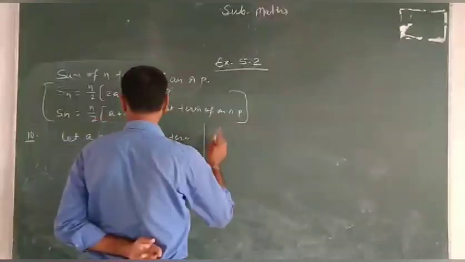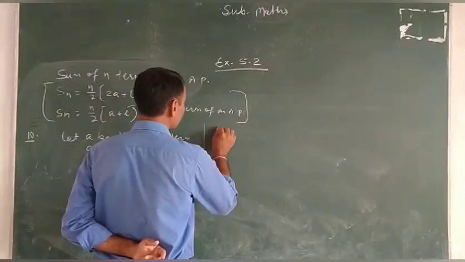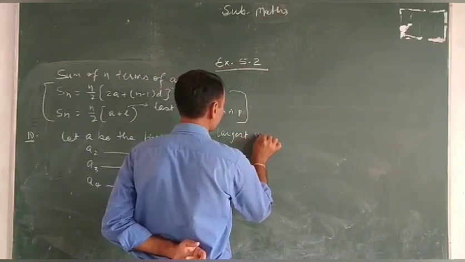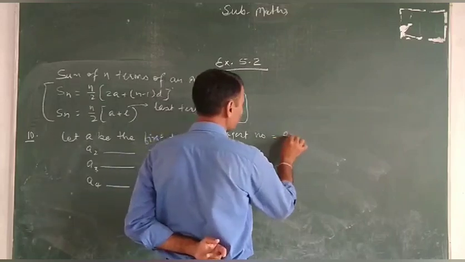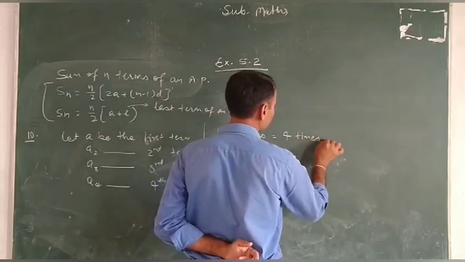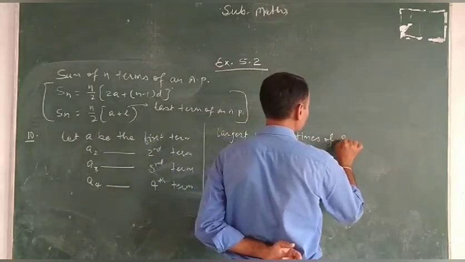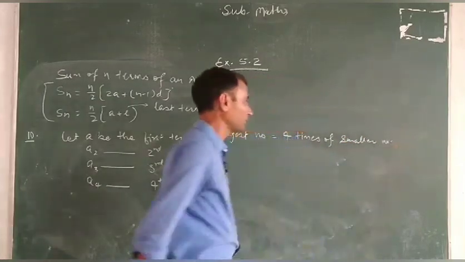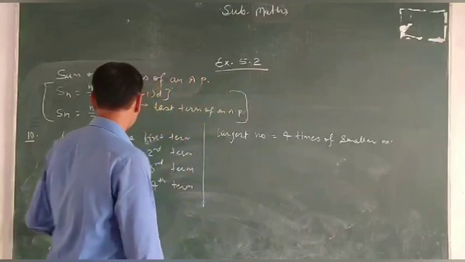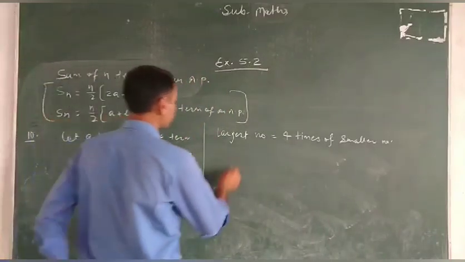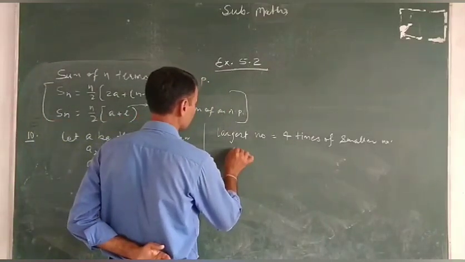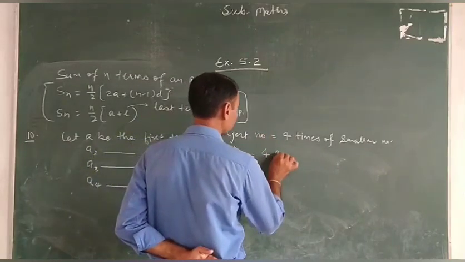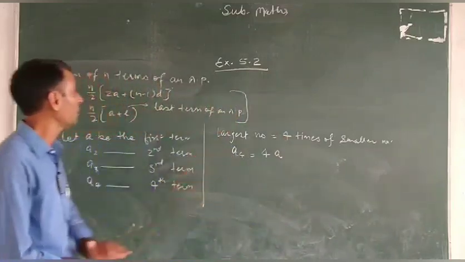The other relation that's given is that the largest number is equal to 4 times the smaller number. So the largest number, A4, will be equal to 4 times the smaller one, and that's A1.